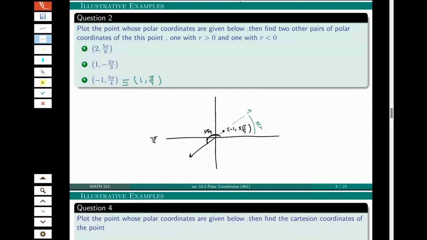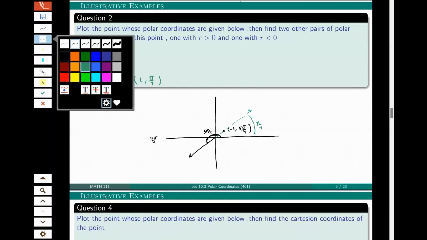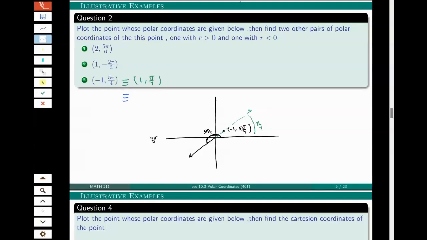And also, it is equivalent to minus 1 and 5 pi over 4 plus 2 pi, which is minus 1 and, over 4, that will be 8 pi plus 5 pi, which is equal to 13 pi over 4. So we will have 13 pi over 4 and minus 1.